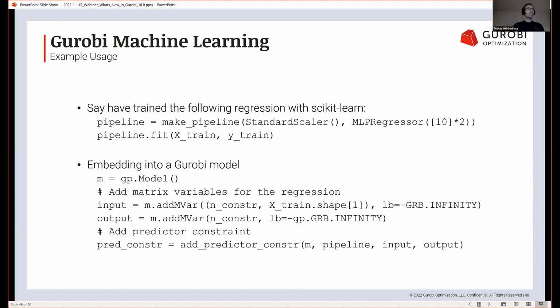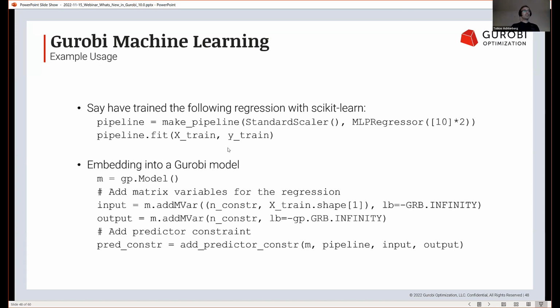How does it look? Say you have trained a regression model with scikit-learn, so the output of that, basically your final result, is that regressor that you have. In that case, it is a multi-layer perceptron regressor with two hidden layers of size 10.